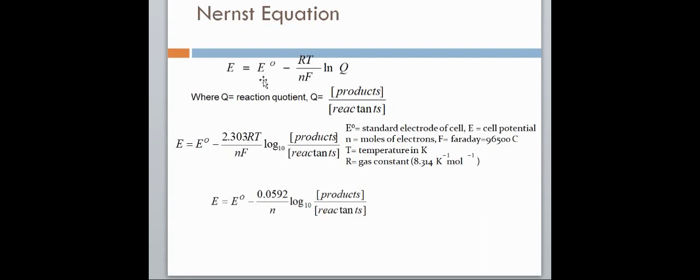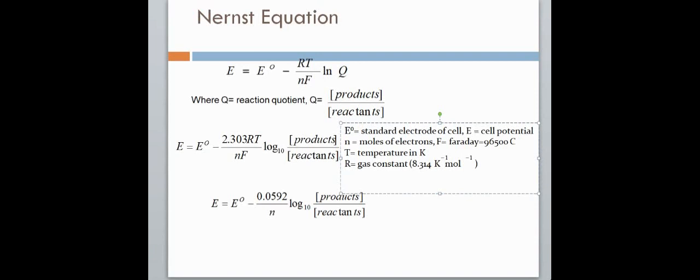E is the cell potential. E0 is the standard electrode potential of the cell. R, as you know, is the gas constant. T is temperature. n would be the number of moles. So talking about the Nernst equation, E0 is for the standard electrode potential and E is the cell potential.